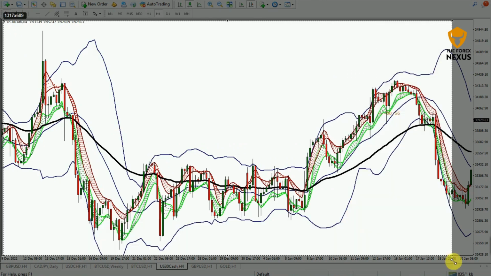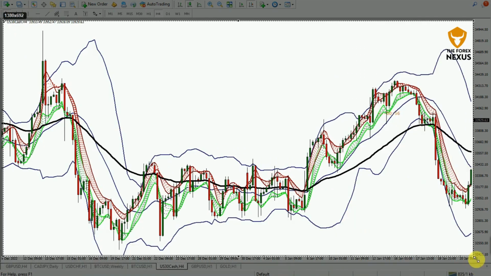First of all, let's mark. Here we got the candlestick direction. Also here we got a candlestick direction sell.